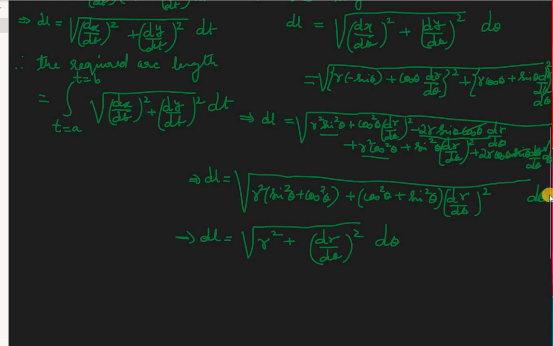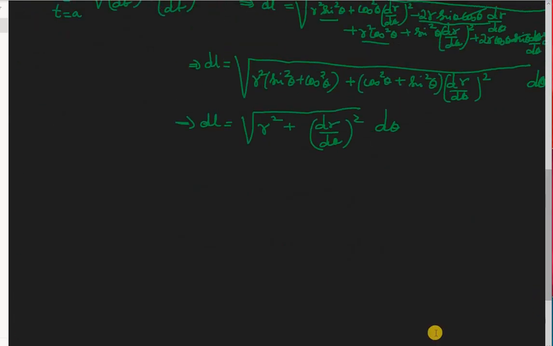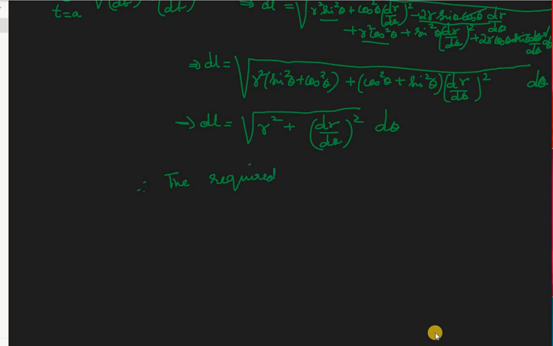But now what will be the arc length from theta 1 to theta 2? That means from here to here. So you just have to integrate that one. Therefore, the required length from theta equal to theta 1 to theta equal to theta 2 is given by, let me take it as L, because now the length will be bigger, as this was for a small portion only.